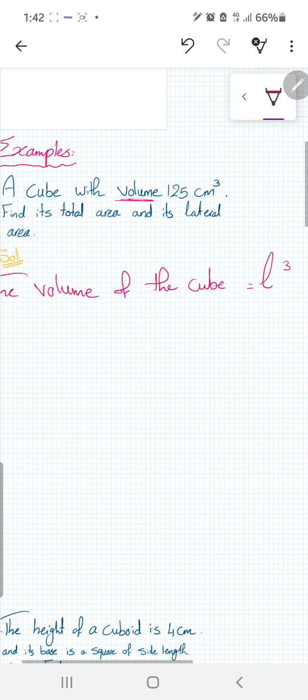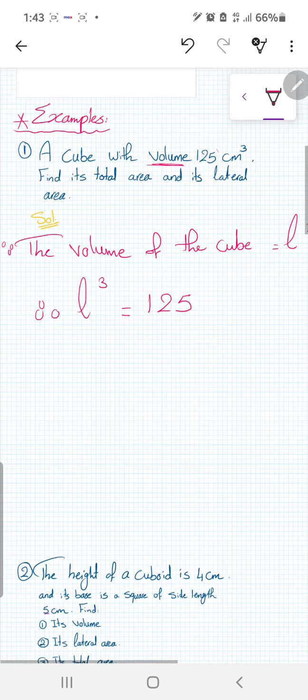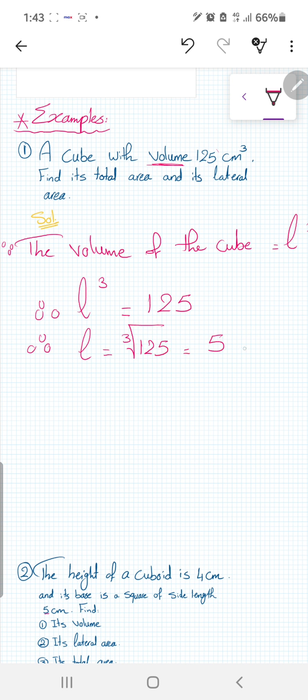By substitution, the volume here is 125, so L power 3 equals 125. It's an equation. We want to get the unknown, which is L, the edge length of the cube. So take the cubic root to both sides. So L equals cubic root of 125, which is 5, and don't forget to write the unit, centimeter.